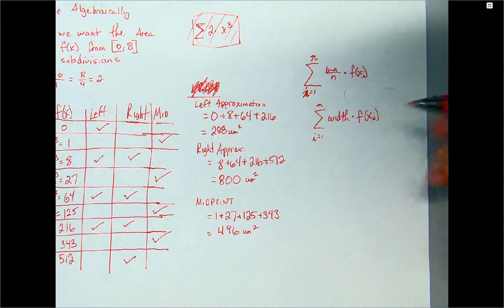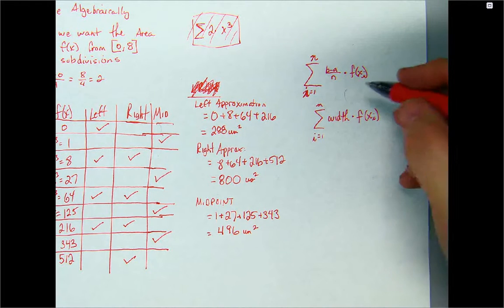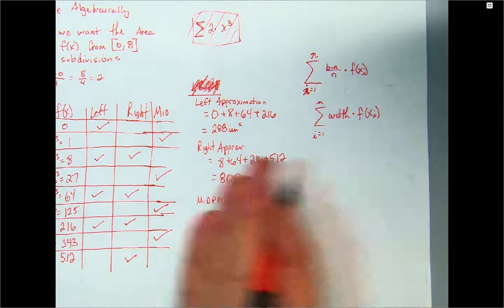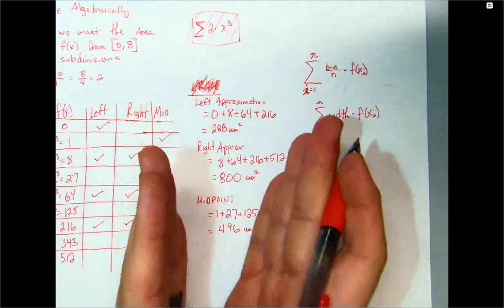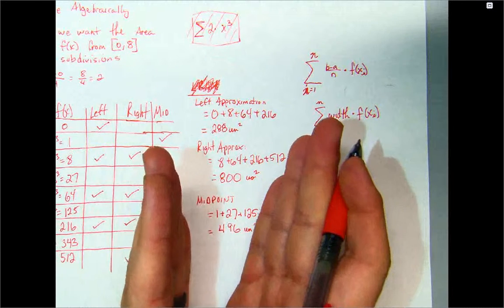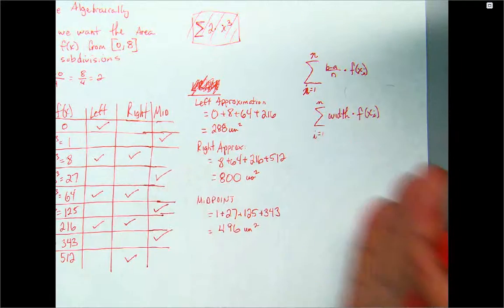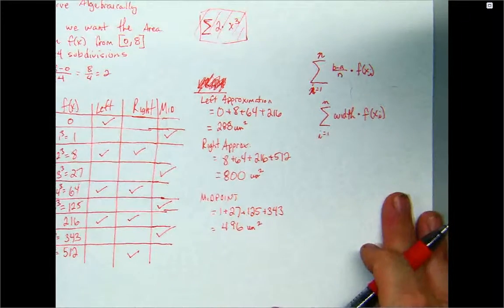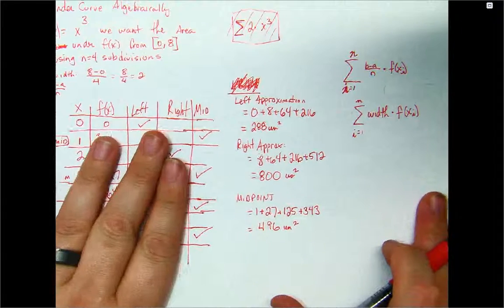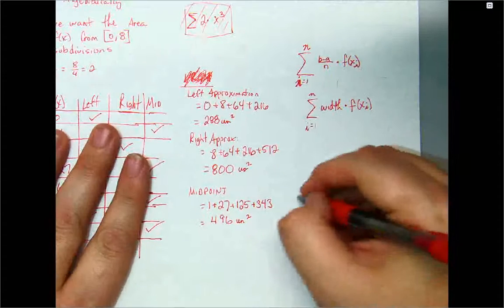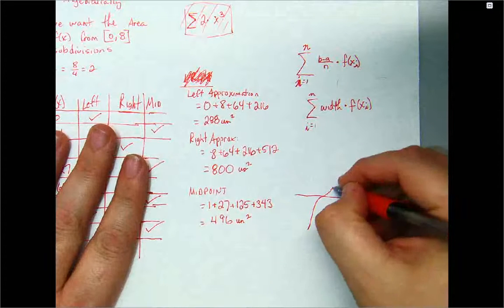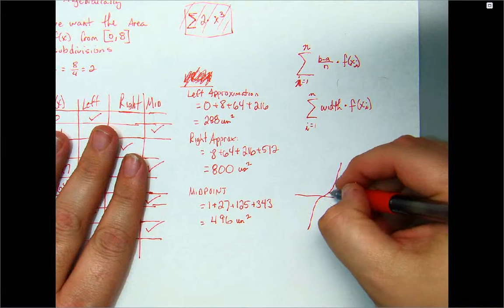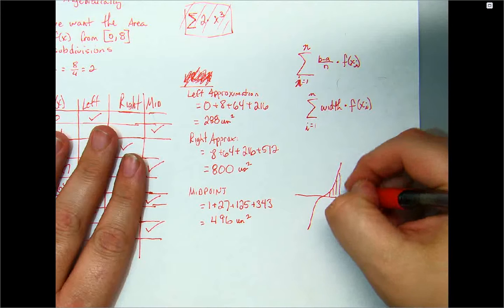And eventually what we're going to do is, let me just ask you this, are any of these any good as far as approximations go? I chose 4 rectangles here for this graph. What could I do to make that choice better?